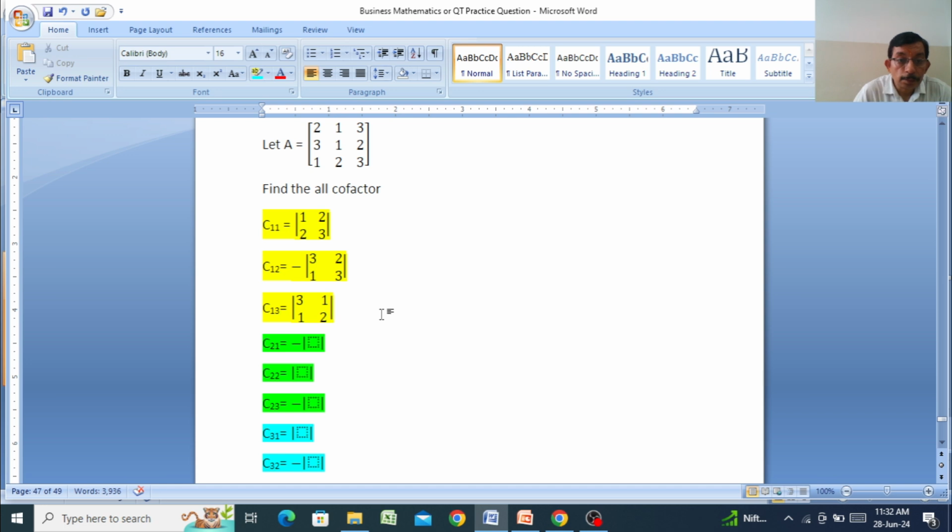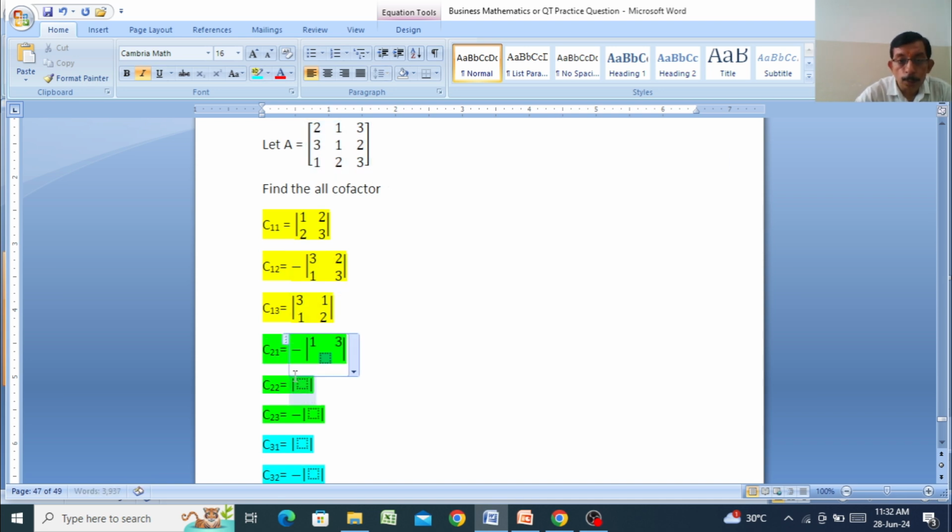Now C21. The second row, first column element is cancelled out, leaving 1, 3, 2, 3. Now C22.